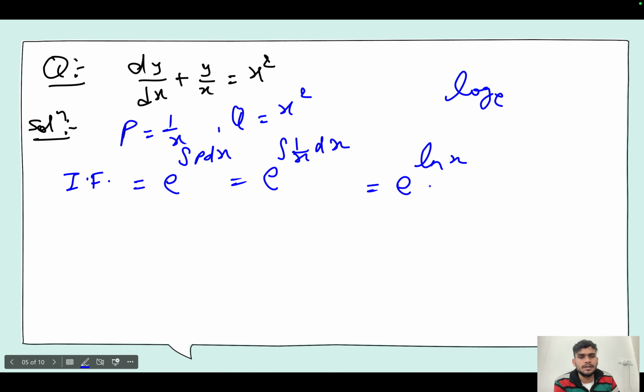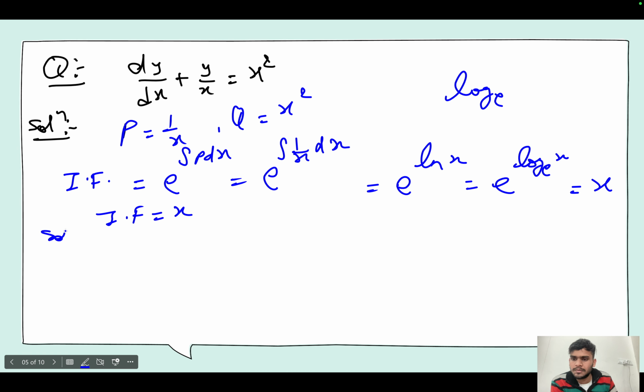So it is e to the power ln x, and by the property of log, the e and the log cancel out and we get x. So the integrating factor is x.